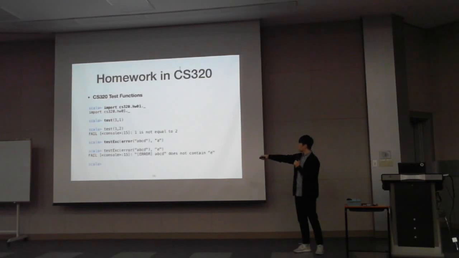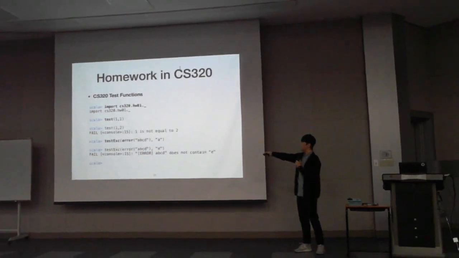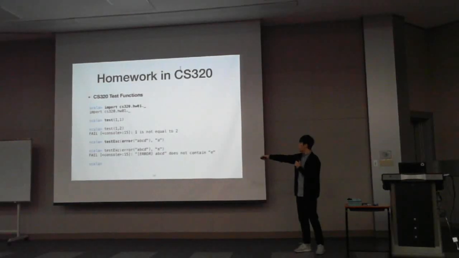In this case, the error function that we provide in this code, for error ABCD, gives an error message containing ABCD. ABCD contains A, so it passes, but ABC does not contain E, so it does not pass.